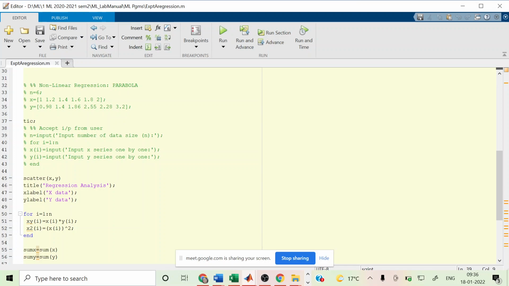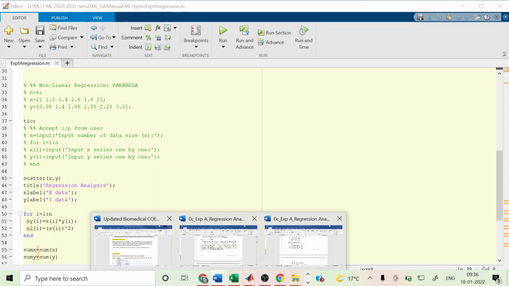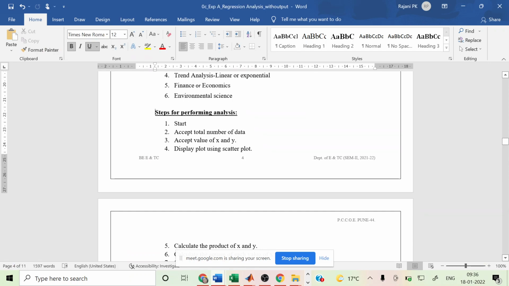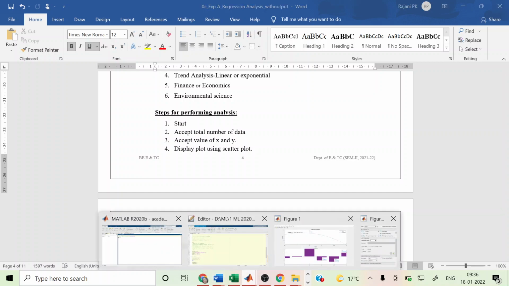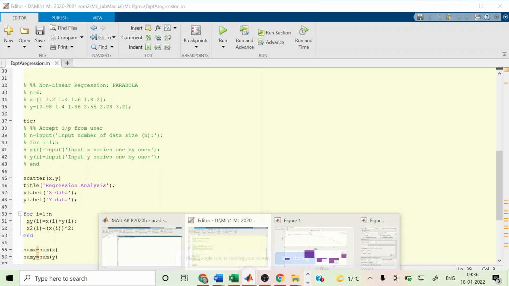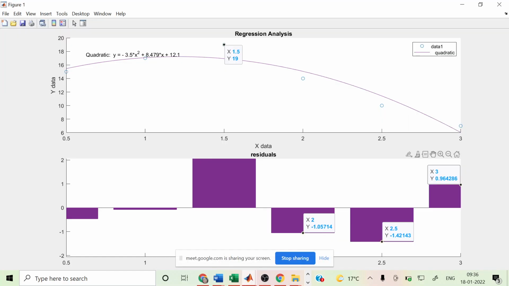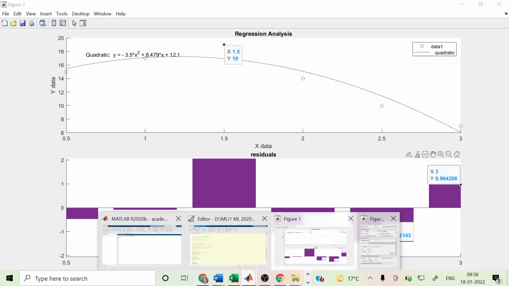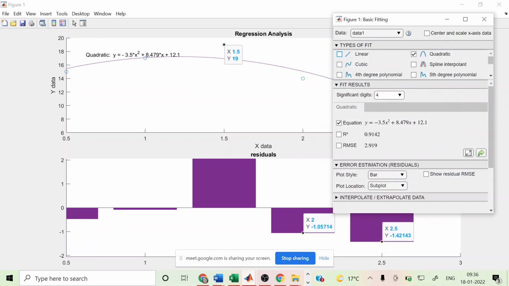Both are okay. Now the next step, after accepting the data, is to display the plot using a scatter plot. So how can you do that? You can scatter x comma y, and in that you can see the title regression analysis, x label is x data, y label is y data. So like that, if you see here, I'm just removing the rest of the things.